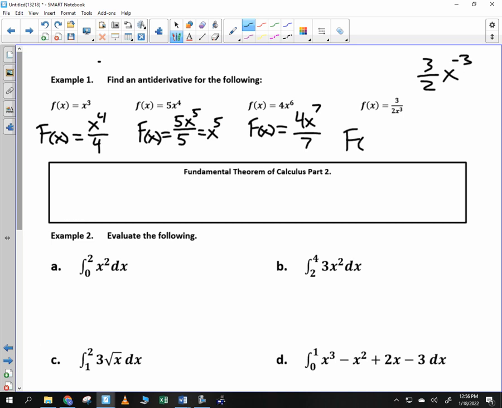So the antiderivative is going to be, I add 1, so negative 2, right? And I divide by the new exponent. So you divide by negative 2. Dividing by negative 2 is the same as multiplying by? Yep, negative 1/2. So you can see that you get negative 3 in the top, and you get 4x squared in the bottom.